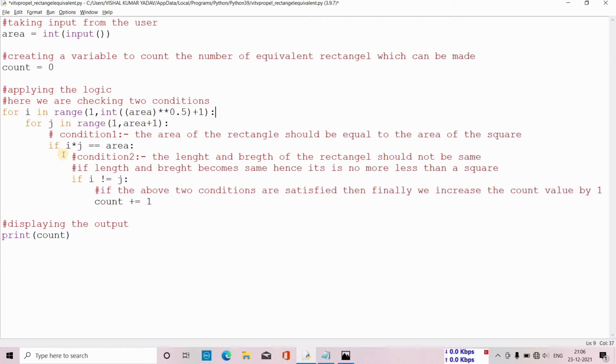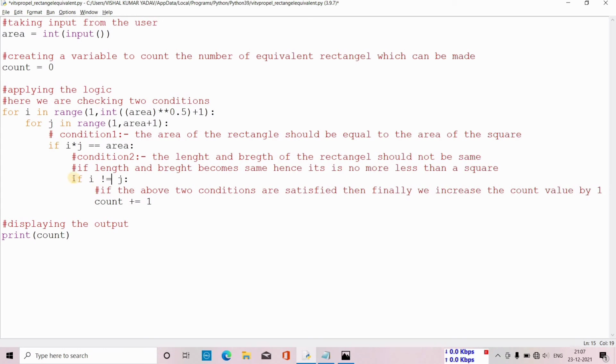Once I'm getting the values of i and j, next I'm checking whether the product of i and j is equal to the area or not, because this is our first condition: the area of the rectangle should be equal to the area of the square. Once this condition is satisfied, I'm moving to the next condition, that i should not be equal to j. The reason is that if i and j are equal, it is a square, and that is not to be considered.